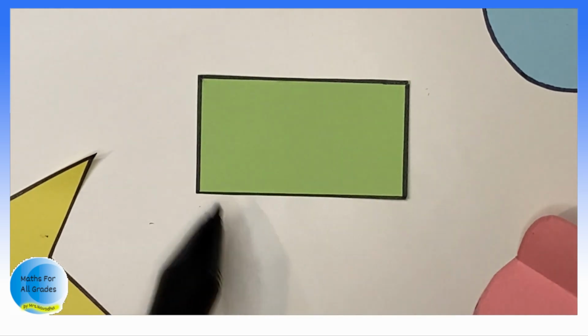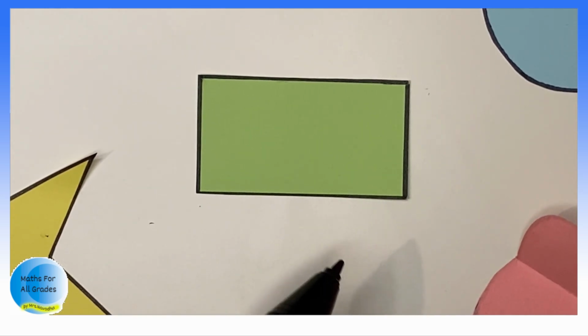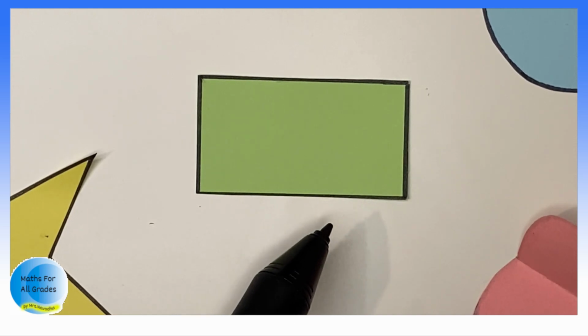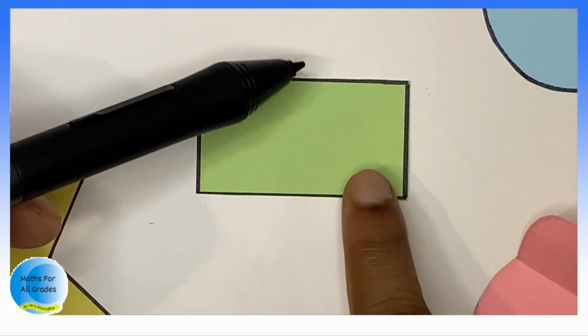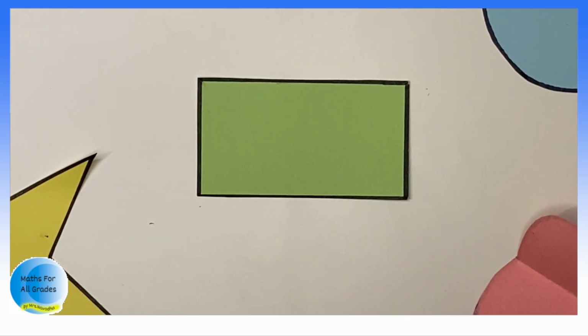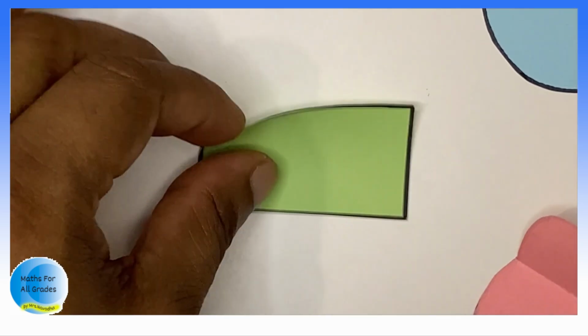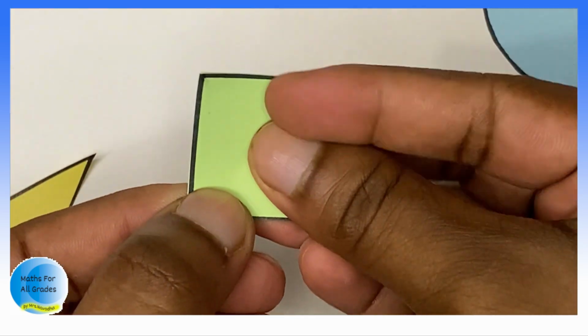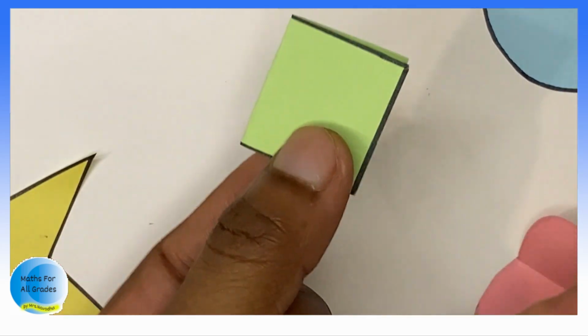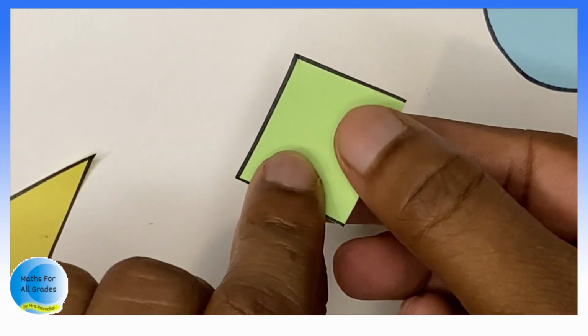We have a rectangle here, and now I'm going to fold it in a way that opposite sides meet each other. Opposite sides mean these two are opposite sides and these two. So let's try both ways. Now you can see these two sides coincide with each other perfectly.